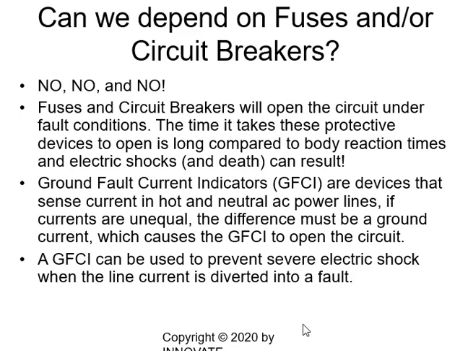The GFCI can be used to prevent severe electric shock when the line current is diverted into a fault. So the line current will be diverted to a fault. However, you may get a shock, but it may not be that severe if the GFCI works properly.